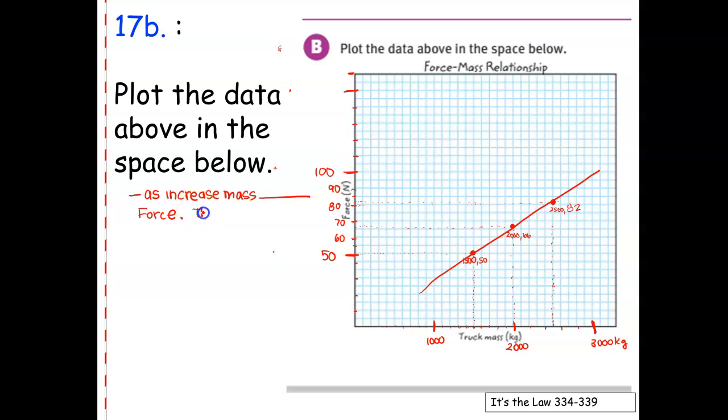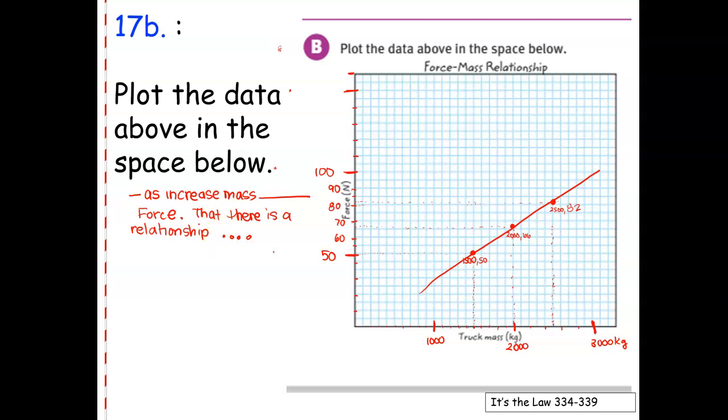And that means that there is a relationship between mass and force, and you describe it.